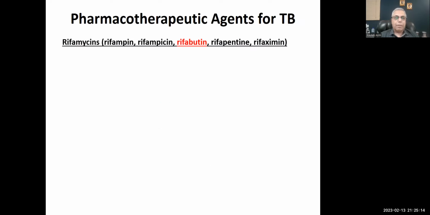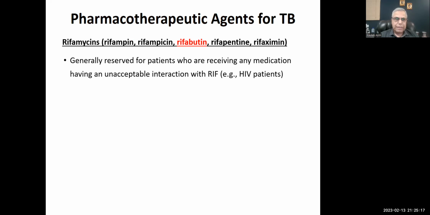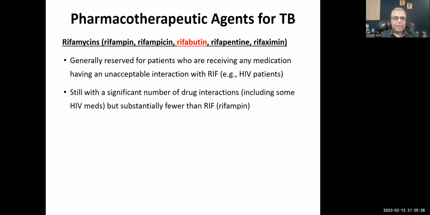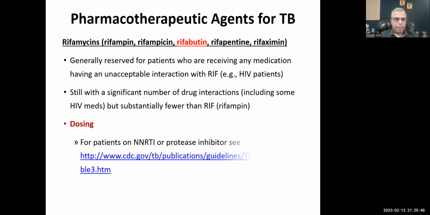Rifabutin, it is generally reserved for patients who are receiving any medication having unacceptable interaction with rifampin, for example, HIV patients taking protease inhibitors, still with significant number of drug interactions, but much less than rifampin. Okay, so it is an alternative to rifampin, still has inducing effects on liver enzymes, but better than rifampin.